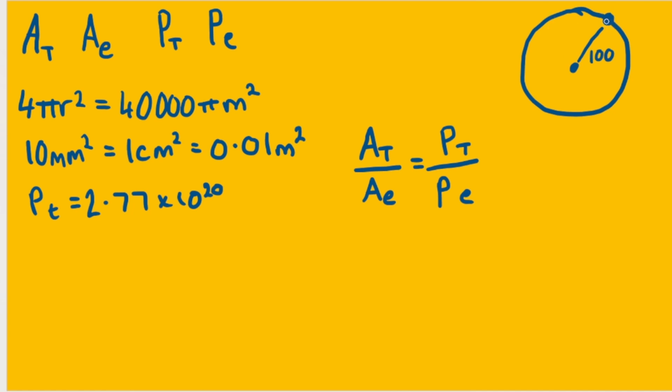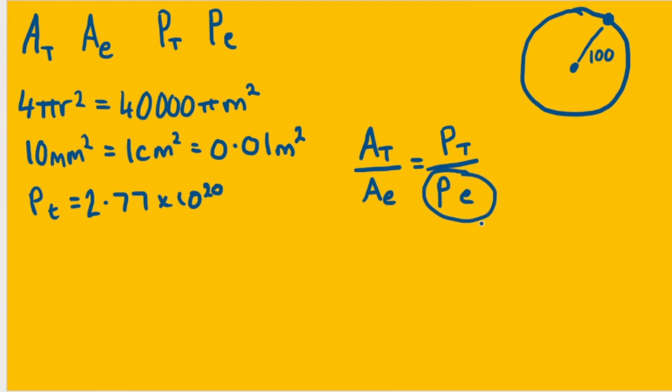So we're taking up a small proportion of that surface area around the circle. Our eye is a proportion of that total area, and therefore it's a proportion of the amount of photons.